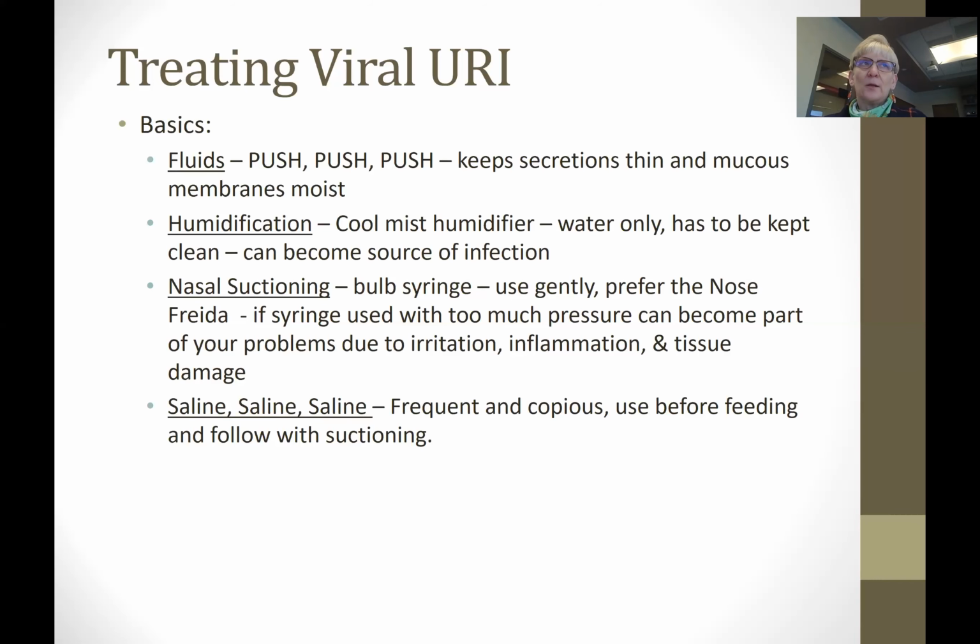Well, if you happen to trap that against the side of the nose, you're making hickeys on the inside of the nasal passage, or you're irritating the inside of that nasal passage to the point that the nose can bleed, and it also causes irritation. And when you irritate tissue, what happens? You get inflammation, so the nose swells, and you get tissue damage. So you want to prevent that.